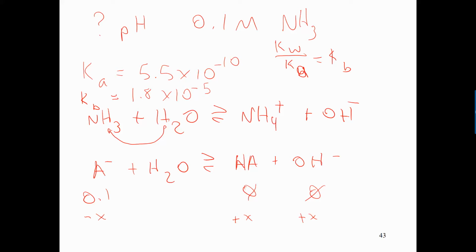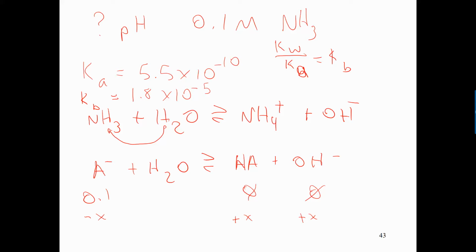If it was a strong base, then we could take the negative log of 0.1 and find the OH minus, and then find the pH. But that's not the case here. If it was 0.1 molar sodium hydroxide, then we would just say it's 0.1 molar OH minus.